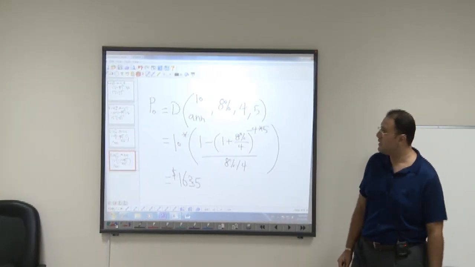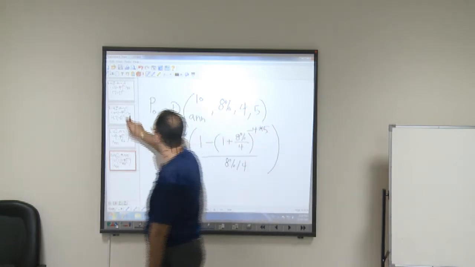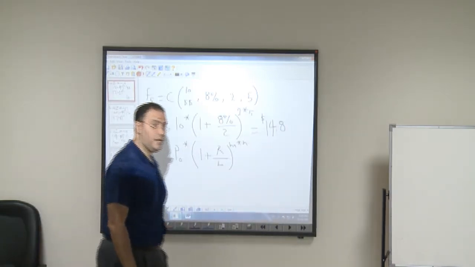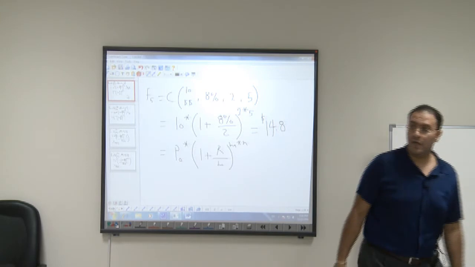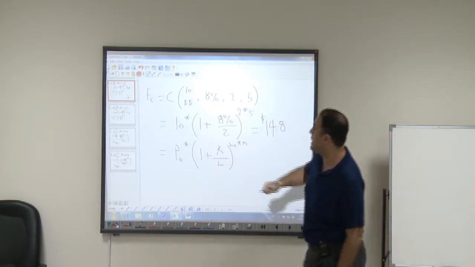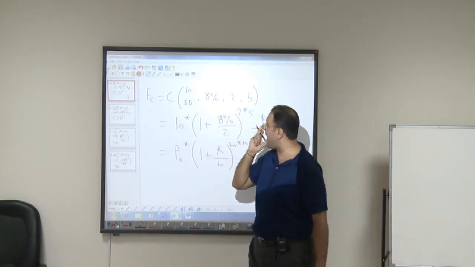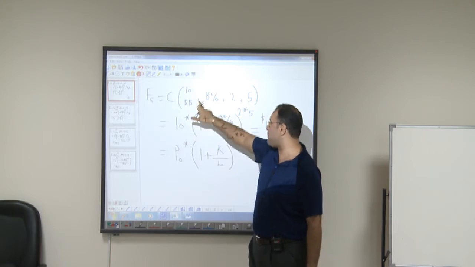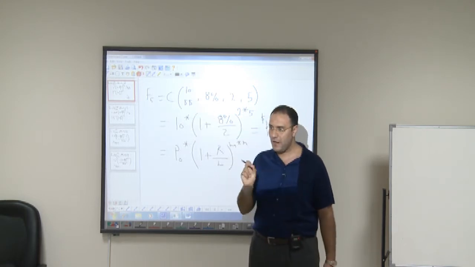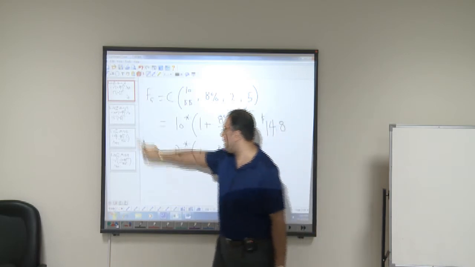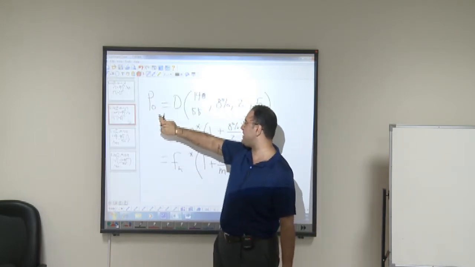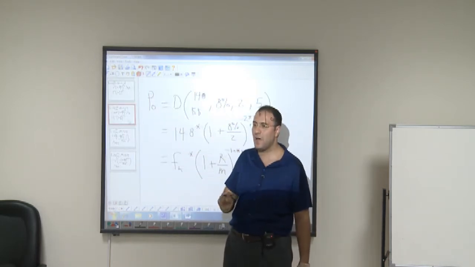You got it? So in the first problem, what was I solving for? I was solving for F5, but I was compounding a single sum, right? In the second problem, I was solving for P0 by discounting a single sum, right?